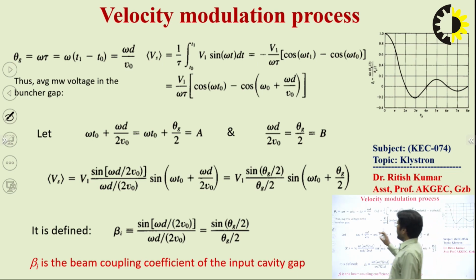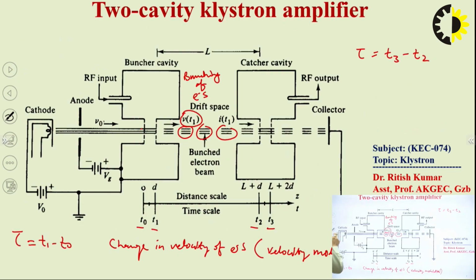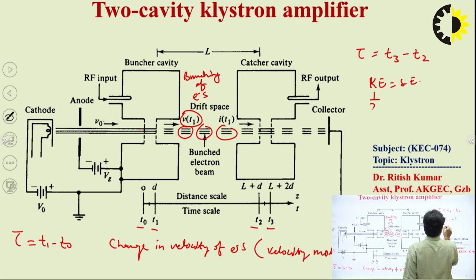Now, from the construction point of view, the velocity is changed after leaving the cavity. Whatever change happens is always due to the presence of the buncher cavity. Initially we find the kinetic energy equal to the electrostatic energy, half m v naught square is equal to E into V naught.